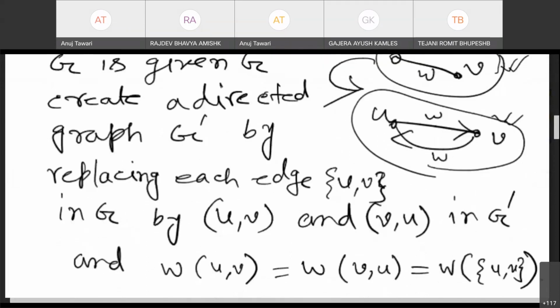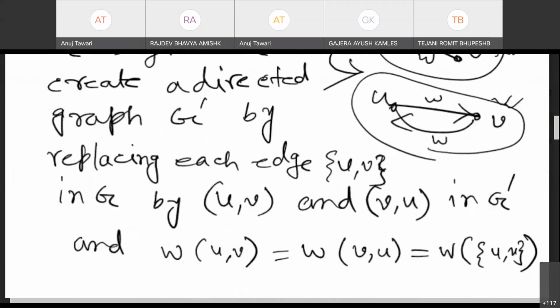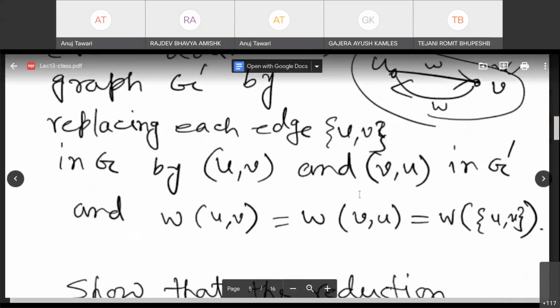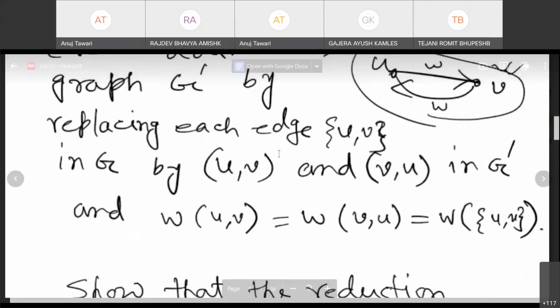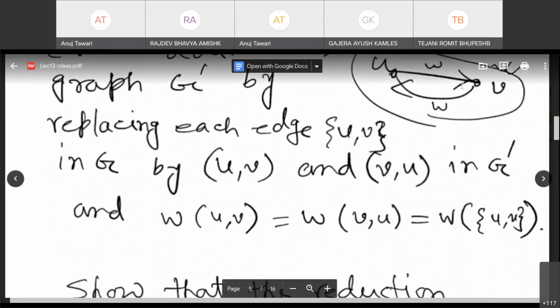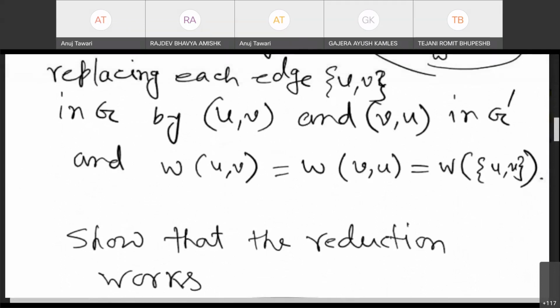It's fairly easy to see, since we replace each edge UV by UV and VU. We will denote these directions by ordered pairs of vertices. If I say UV, that means there is a directed edge from U to V. If I say VU, that means a directed edge from V to U. And in fact, this reduction works fine.